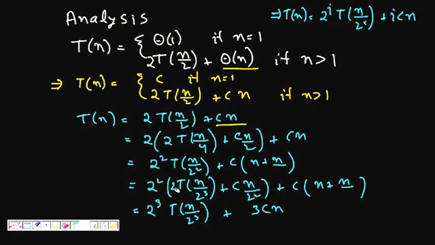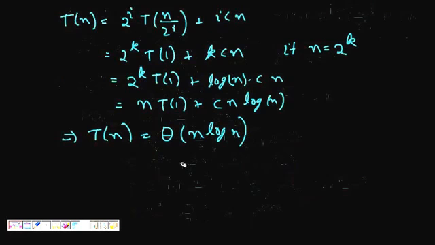Now it becomes 2 squared, and T(n/2 squared) is 2T(n/2 cubed) plus Cn/2 squared. We keep going like this, so T(n) is 2 cubed T(n/2 cubed) plus 3Cn. The general form becomes T(n) is 2 to the power of i T(n/2 to the power of i) plus iCn.